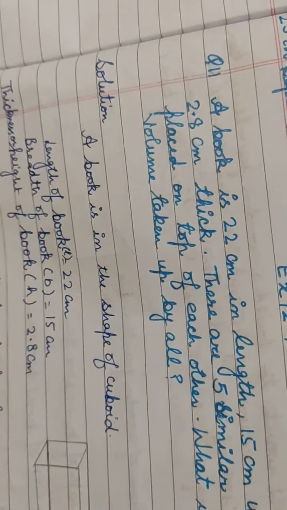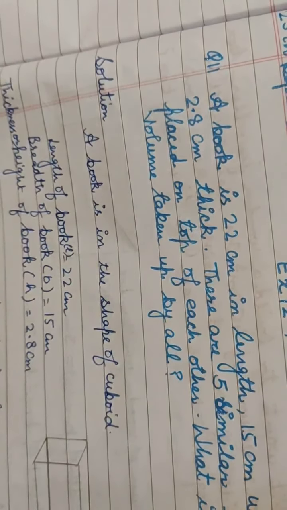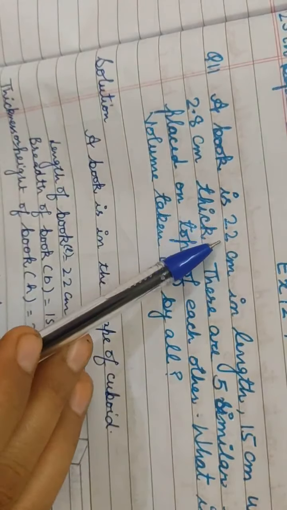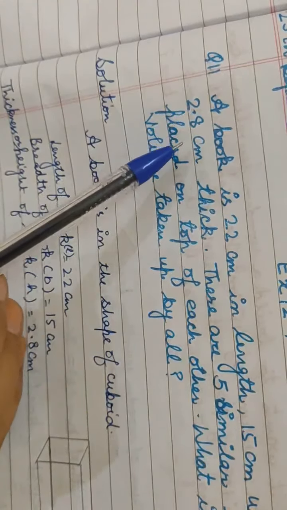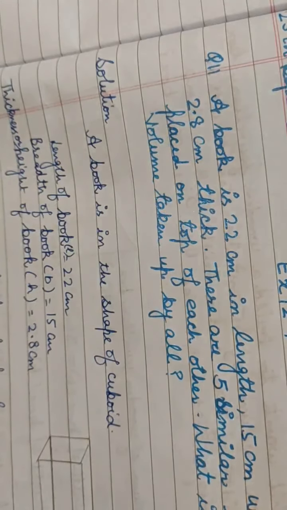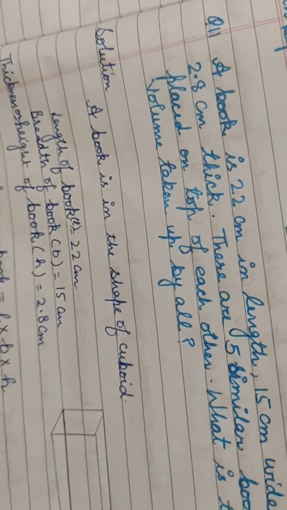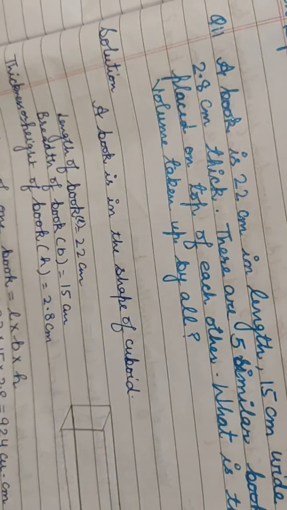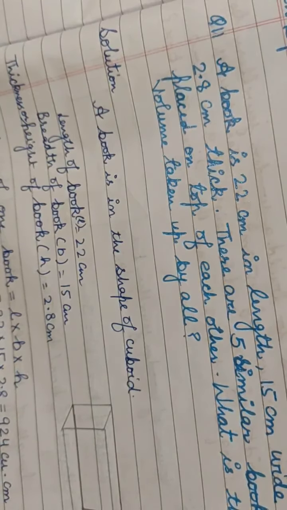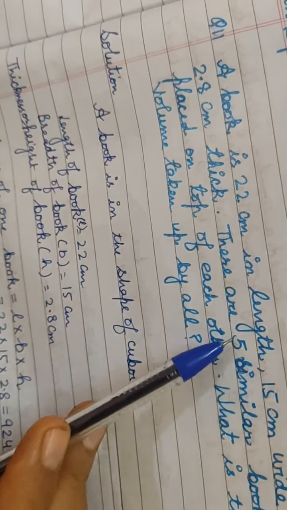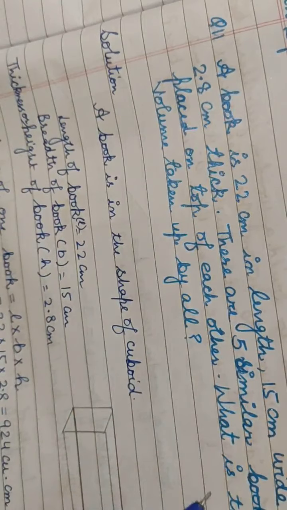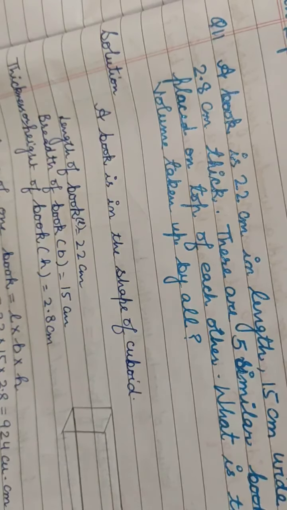A book is given whose dimensions are 22 centimeter length, 15 centimeter wide and 2.8 centimeter thick. You all know that the shape of book is cuboid, whose length, breadth and height is given in this question, and 5 similar books are placed upon each other.